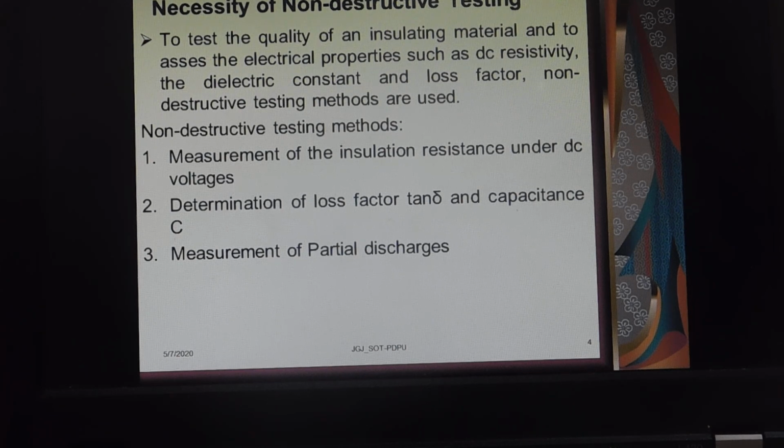The first is measurement of the insulation resistance under DC voltages, then determination of the dissipation factor or loss factor tan delta and the capacitance C of the insulating materials, then measurement of partial discharges.